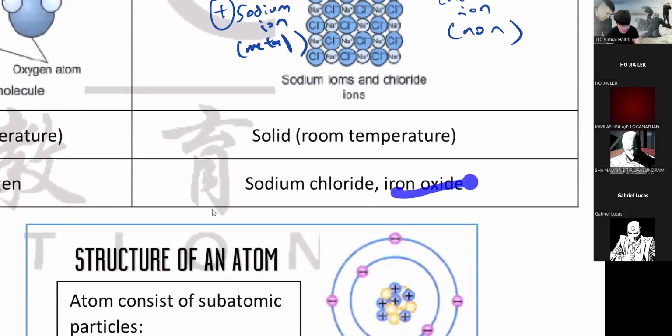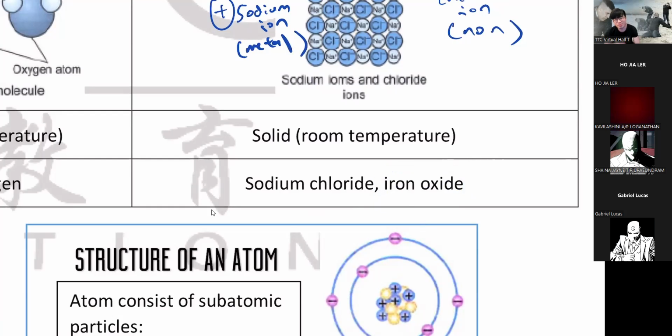For example, iron oxide. When you have iron, which is a metal, marrying oxygen, which is a non-metal, they become iron oxide. So what is iron oxide? If you don't paint your iron gate, or whatever iron that's exposed, when your iron reacts with oxygen, what do you get?